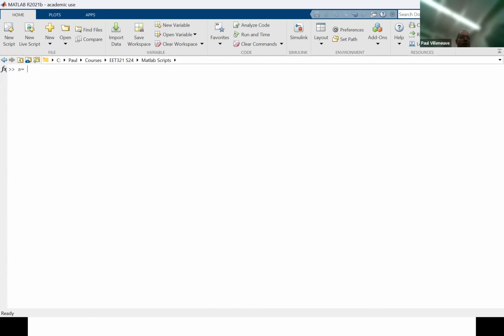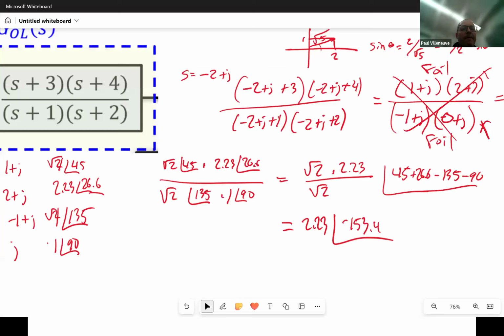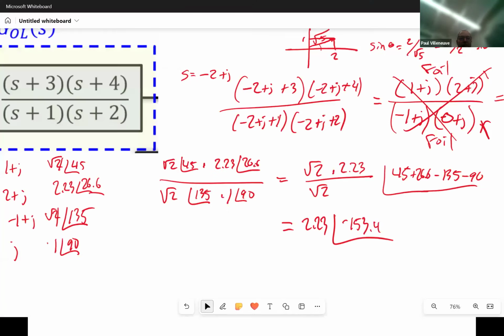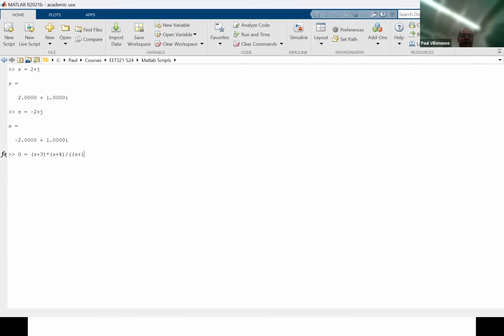All right, so let's do this one. We'll just say S equals minus 2 plus J, sorry. And then we're going to say G is equal to S plus 3 times S plus 4, divided by, and I'm going to use double parentheses because I need to have a whole one here, S plus 1 times S plus 2, I believe.